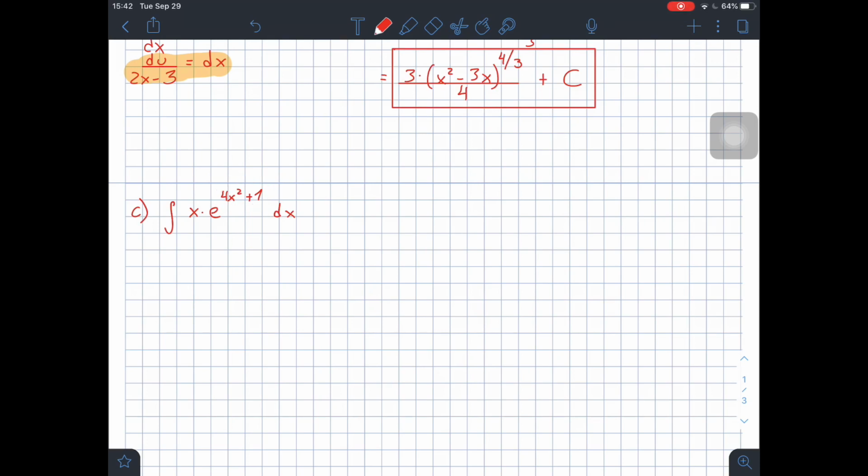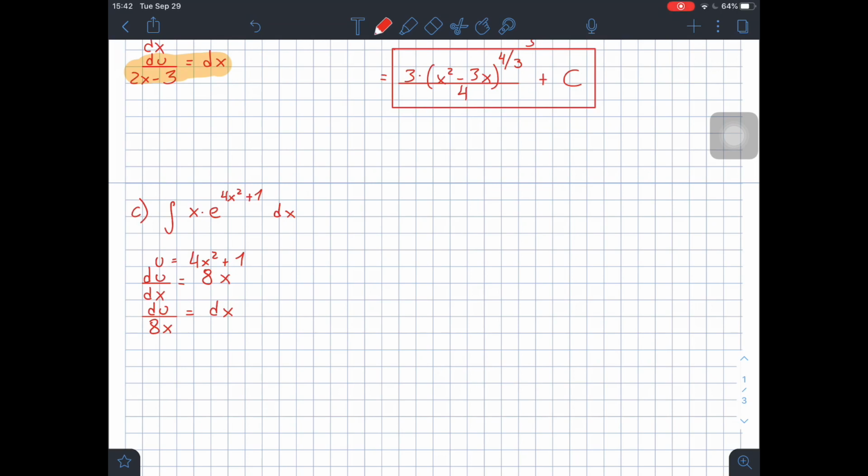Okay, so I'm going to make that variable change. I'm going to say that u is equal to whatever I have in the exponent, in this case, 4x squared plus 1. Because when I find the derivative of u with respect to x, we're going to have that this is 8x, right? So if I solve for dx, we're going to have that du over 8x is equal to dx.